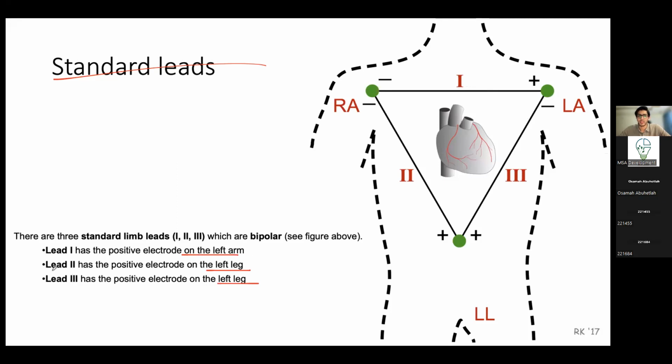Then lead 2, the positive electrode will be on the left leg, as you can see here. This is lead 2 right here. The positive electrode on the left leg and the negative electrode on the right arm. And lead 3, the negative electrode will be on the left arm and the positive electrode will be on the left leg.